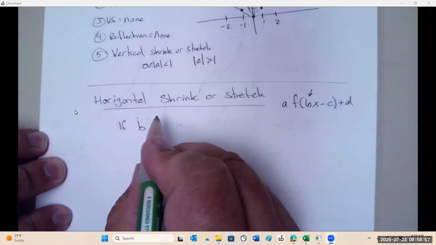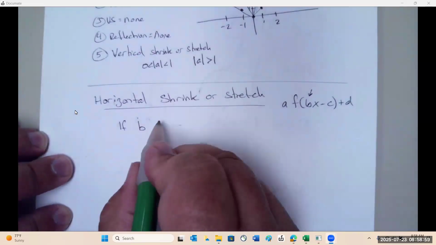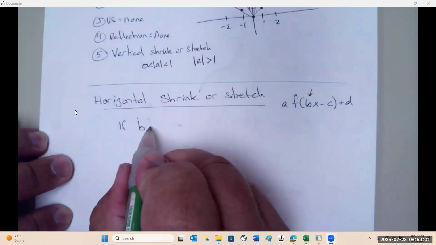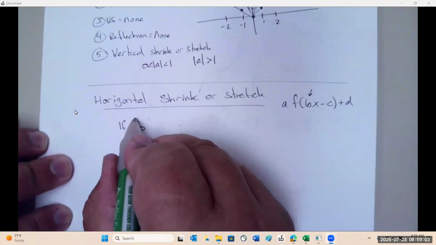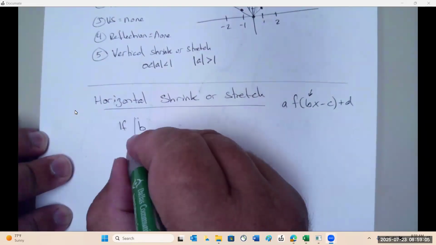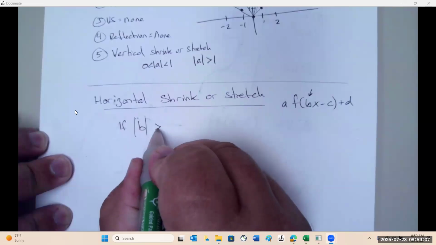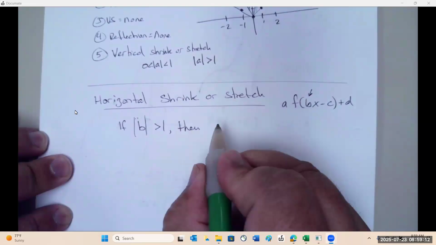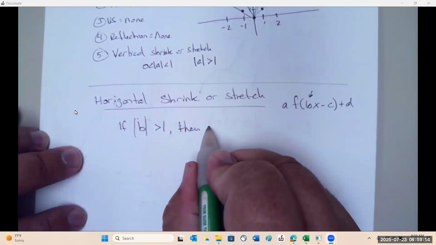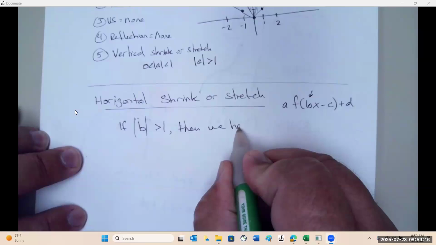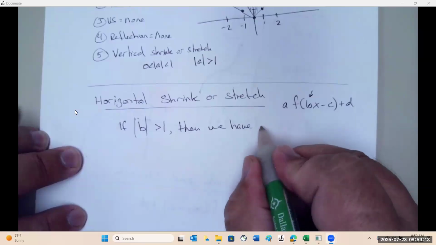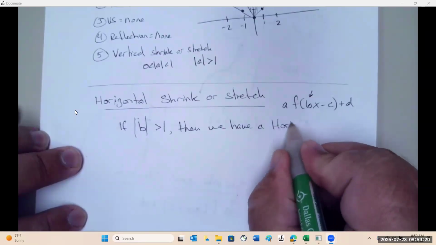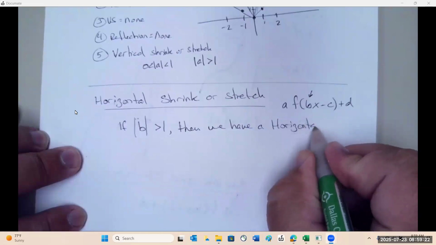If the absolute value of b is bigger than 1, we have a horizontal shrink.